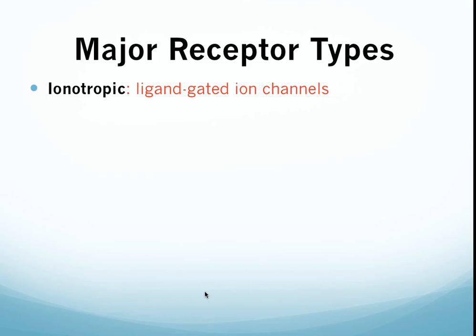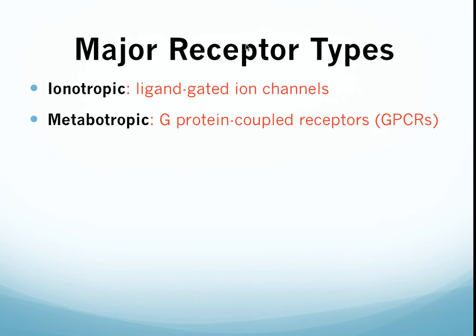So this is what we think of as a ligand-gated ion channel. Now the key words here are ion channel, okay? Because these receptors are very fast acting, and activation of these receptors allows ions to flow through the receptor into or out of the cell, as it turns out.